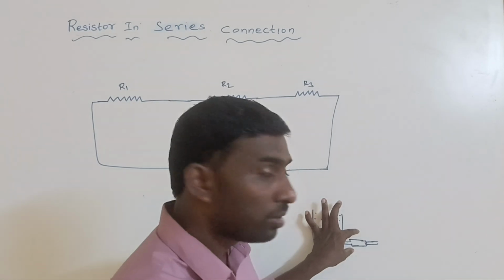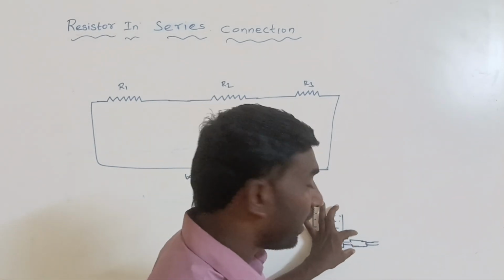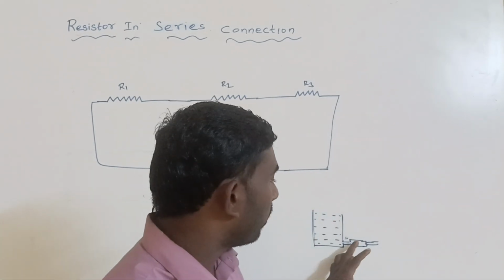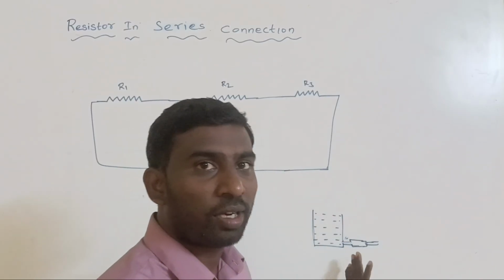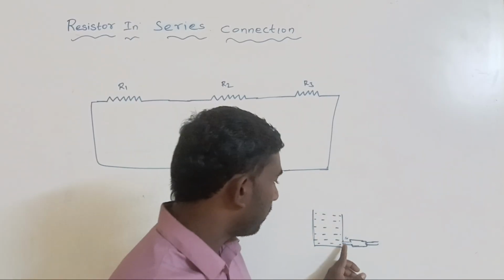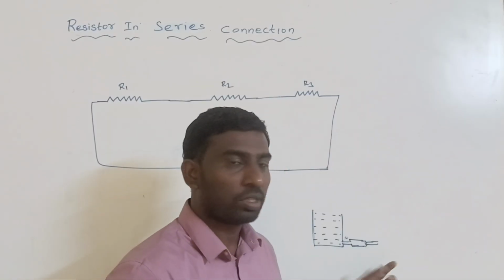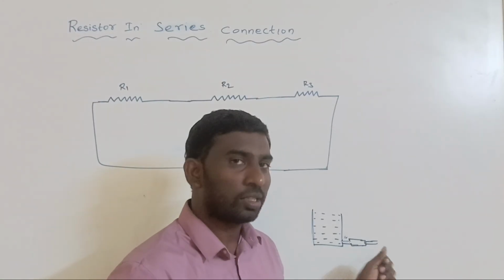If the pipe is wider, it does not mean more water goes. How much water it is given, the same water only goes. So in all the pipes the water flow is the same.